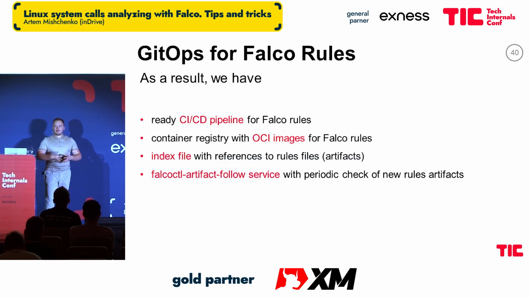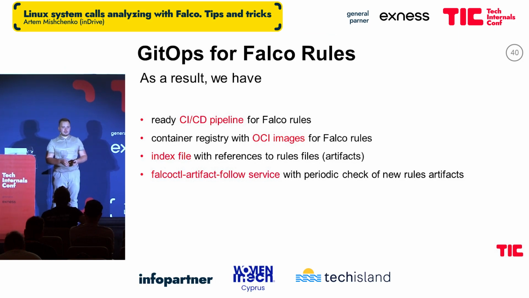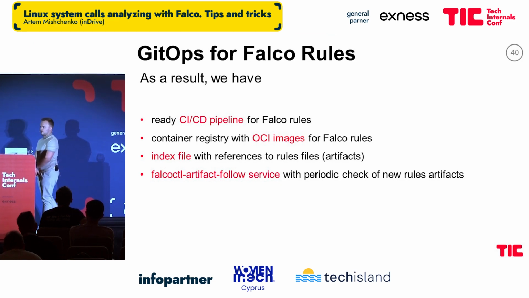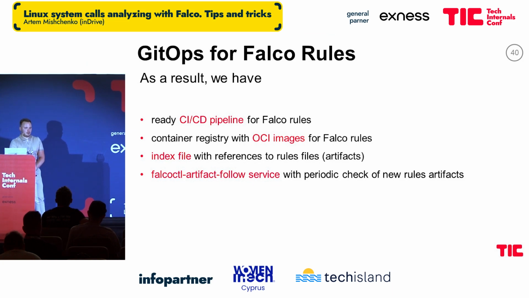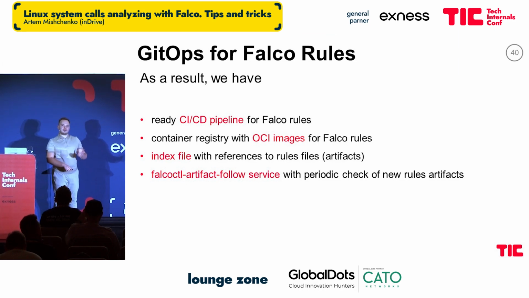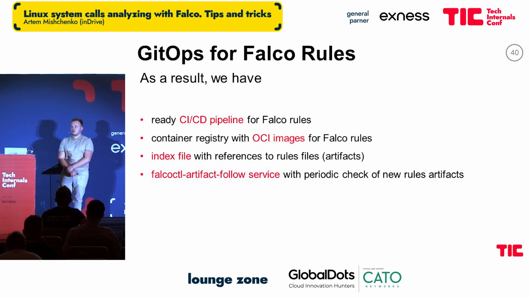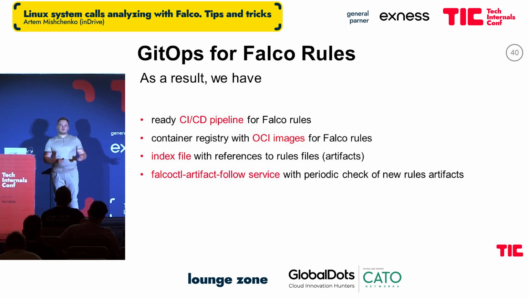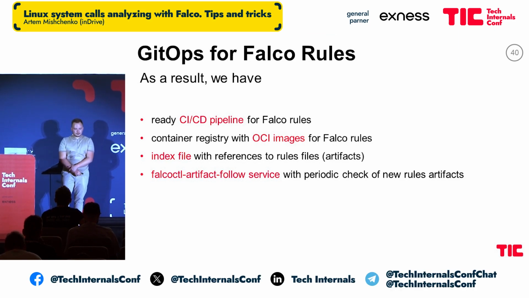So what do we have as a result? As a result, we have, in fact, a ready CI/CD pipeline with the Falco rules. We have our corporate container registry with the ready OCI images for Falco, really lightweight. So we shouldn't care about some drive consumption in the container registry.